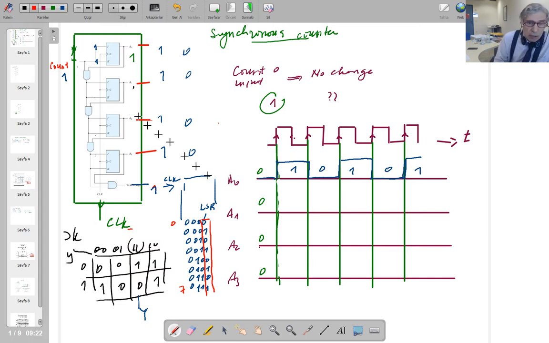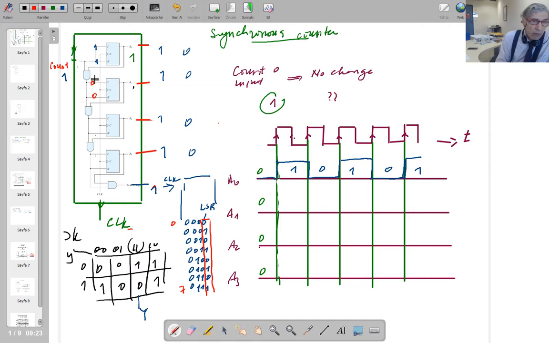If you look at the second JK memory element output, how is it going to change? Since this is 1, so that is 1. And before the first clock pulse, the A0 value is 0. So although the count is 1, the output of this AND gate is going to be 0, 0.